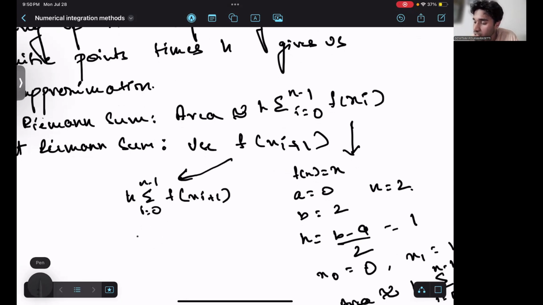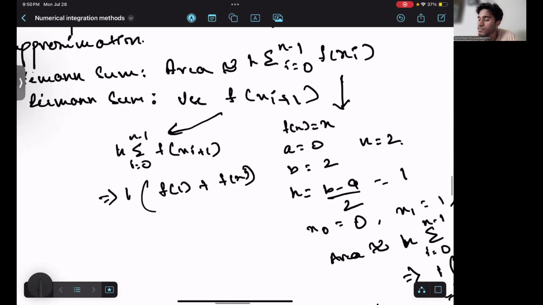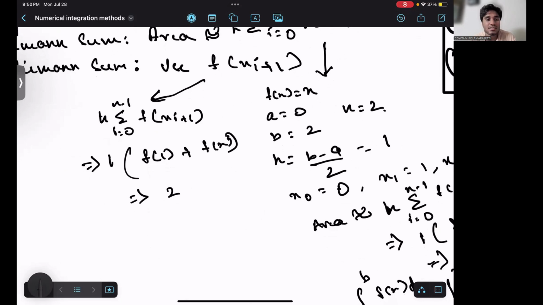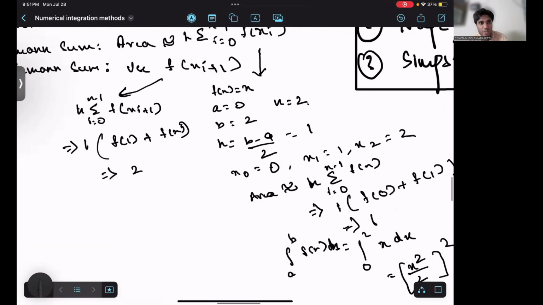So we can just compute the value as 1 into f of 1 plus f of 2, which will be equal to 2. So the right side approximation of the Riemann sum is equal to the real value. You can see this method is not so reliable. The accuracy of this method increases with the increase in the number of intervals. So let us look into better methods.